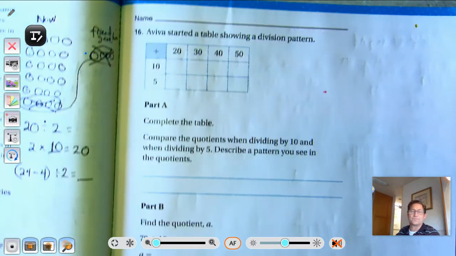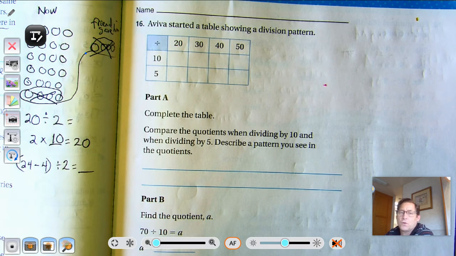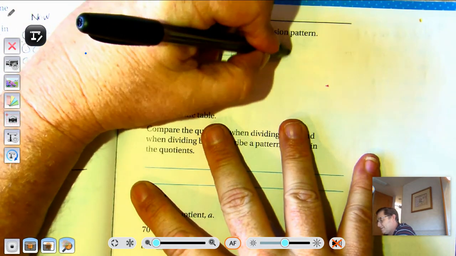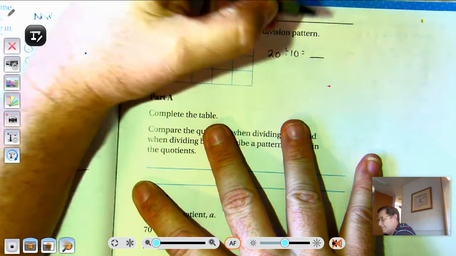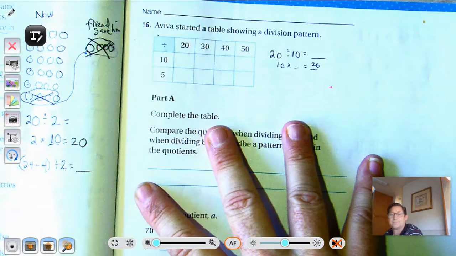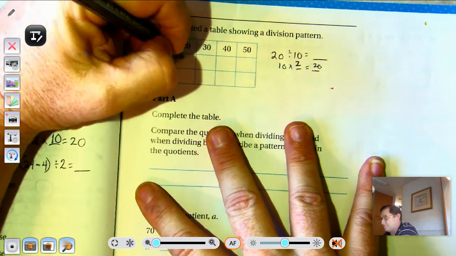Okay, 16. Aviva started a table showing a division pattern. 20 divided by 10, 30 divided by 10, 40 divided by 10, 50 divided by 10. Well, how many 10s does it take to equal 20? So we're asking this. 20 divided by 10 equals what? 10 times what equals 20? 10 times 2 is 20.